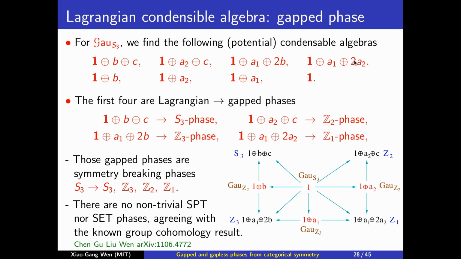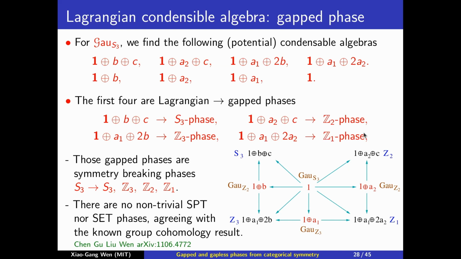It's hard to guess why we need 2 here, but from the calculation, we need 2. In our understanding, we just say the first charge condenses and the second charge condenses, you break all the symmetry, and you get the trivial phase. But mathematically, there's a 2 here. It's pretty important. Anyway, this condensed algebra condensing all the charges is a Higgs phase, so it's a phase with no symmetry.